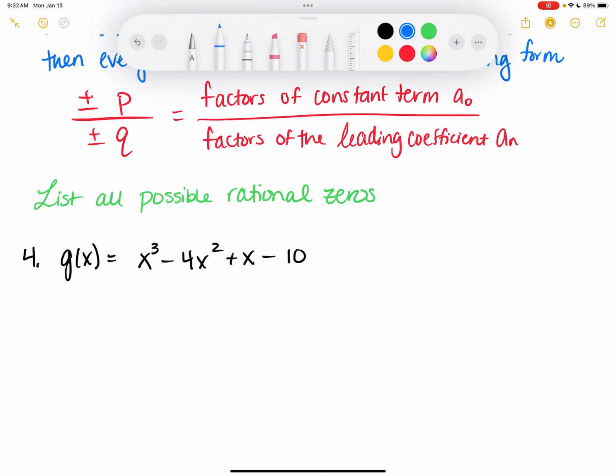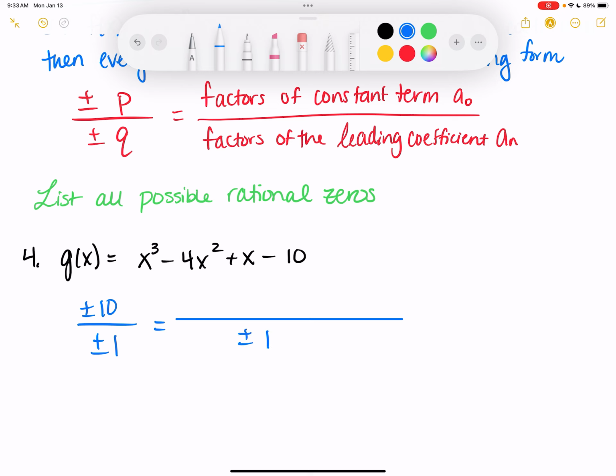So the first one is the factors of the constant term, so factors of 10, so plus or minus 10 over the factors of the leading coefficient, which in this case is 1. So obviously factors of 1 are just 1. That's why we like that. So on the bottom, I just have plus or minus 1.